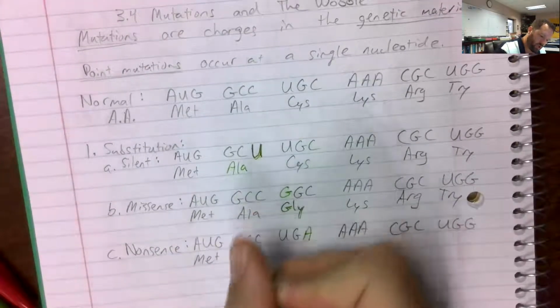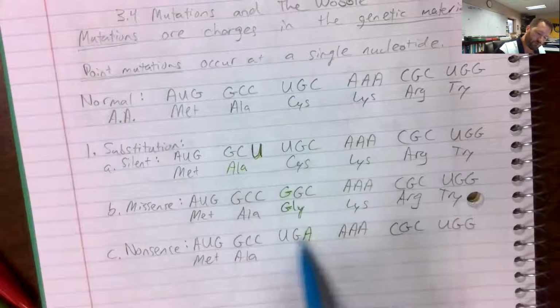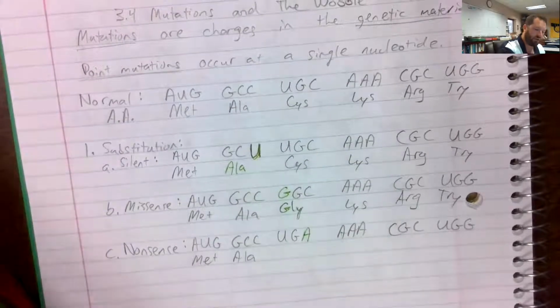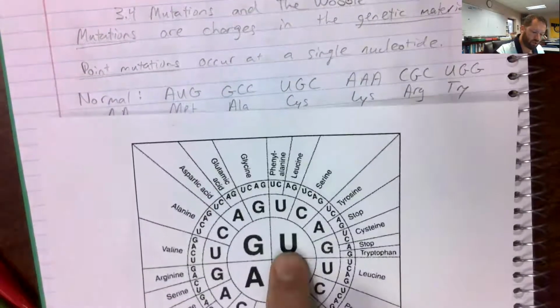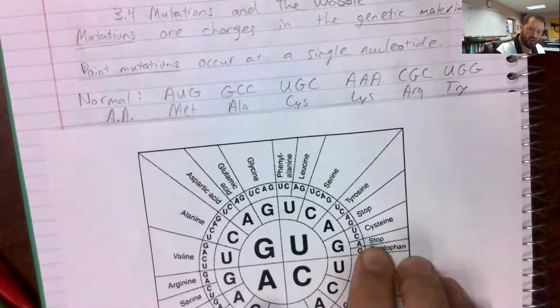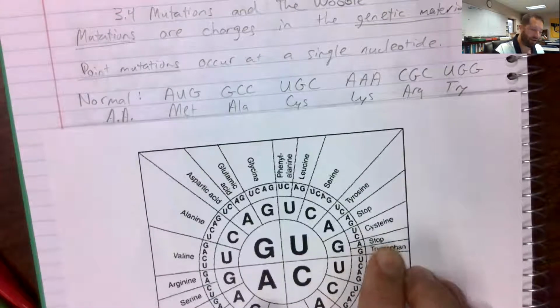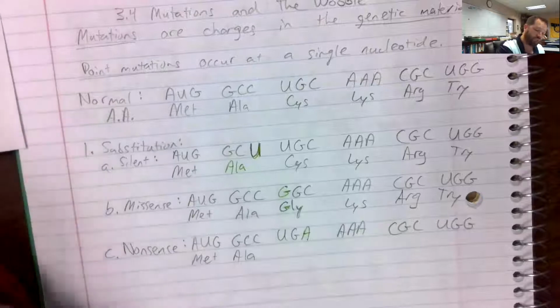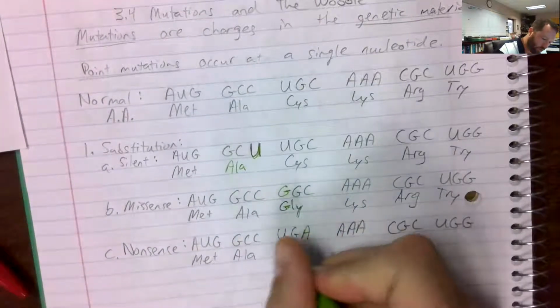And no changes here. So far, so good. It's right here where we'll get that new codon. So it's a UGA, stop. Aha, we run into a stop codon that wasn't there before.